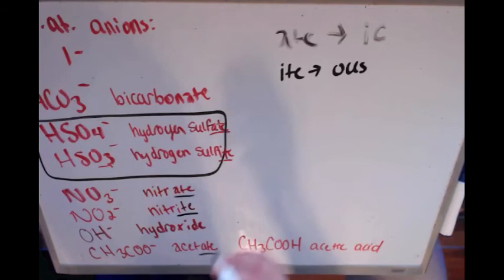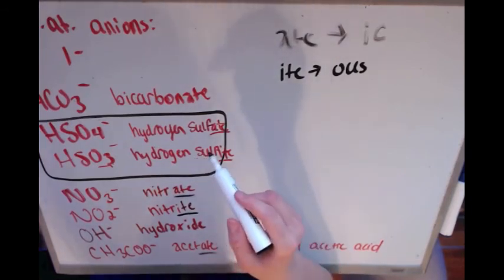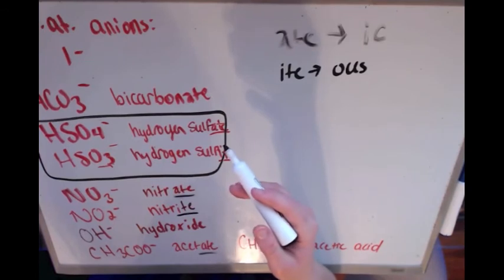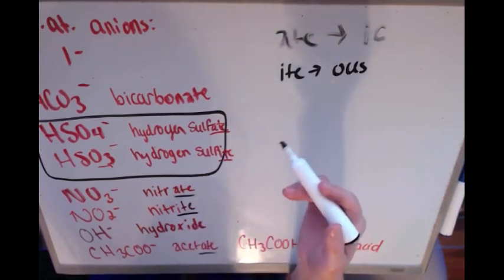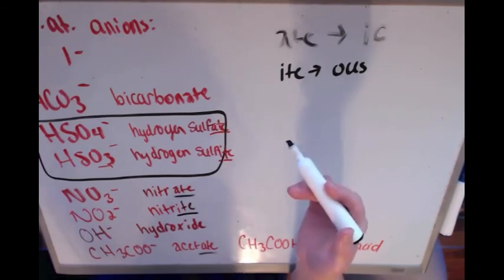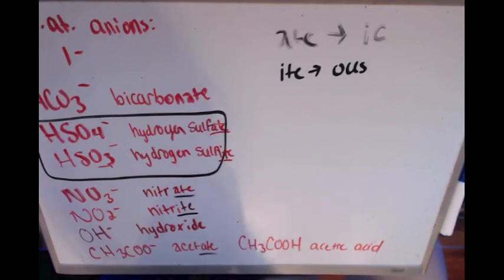So hydrogen up here, I kind of told you about the H3O plus, how we call it a hydronium. It's a positively charged cation. We often just call it a hydrogen proton because protons are positive and it's just one positive charge. So the same concept here, this minus sign here is being replaced by this hydrogen, which is a positive charge. So that positive charge is taking the place of that minus charge.